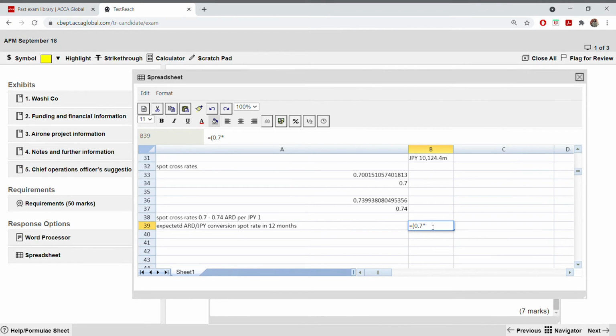So here multiply by 1 plus the inflation of the ARD, which is 9, divide by 1.015. Okay, already it has converted it. Okay, so if you convert it, make sure it's converted into 2 decimal places. If you convert into 2 decimal places, it will be 0.75. Okay, by just looking at it you can write it 0.75, otherwise you can do it here also round to 2 decimal places and all.